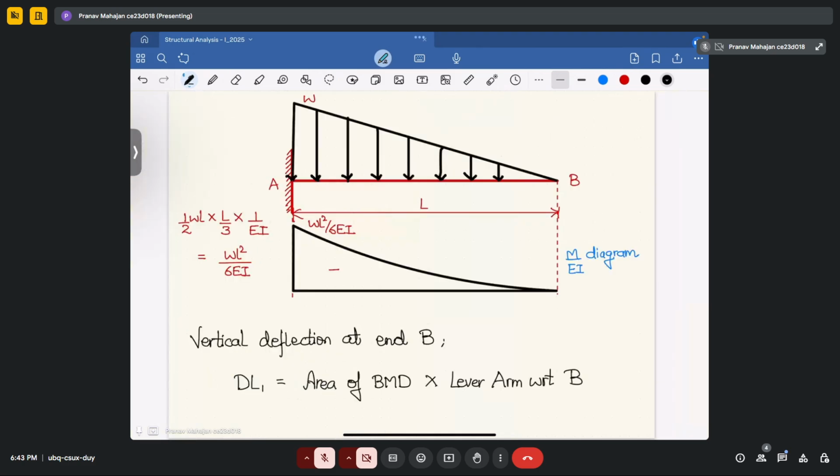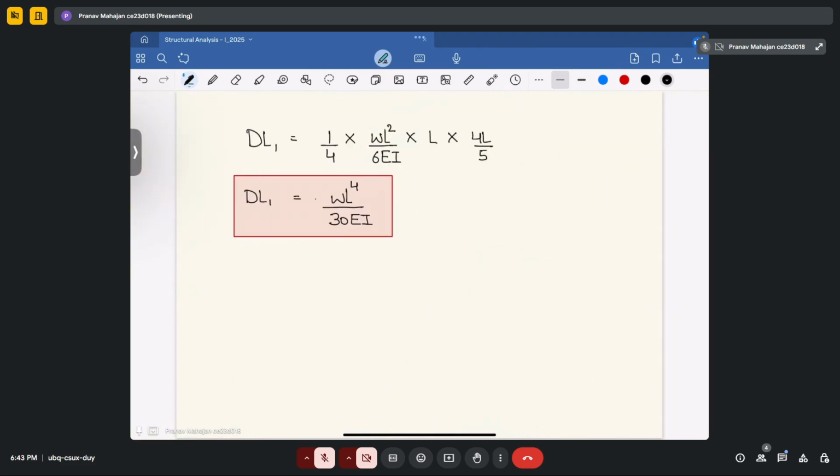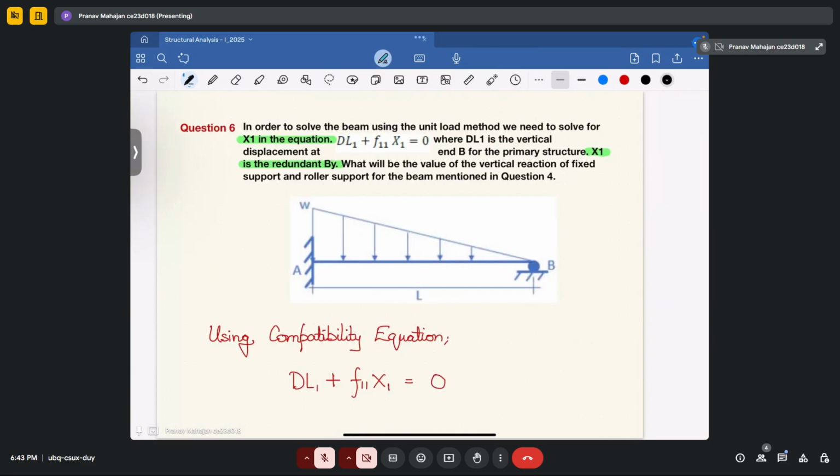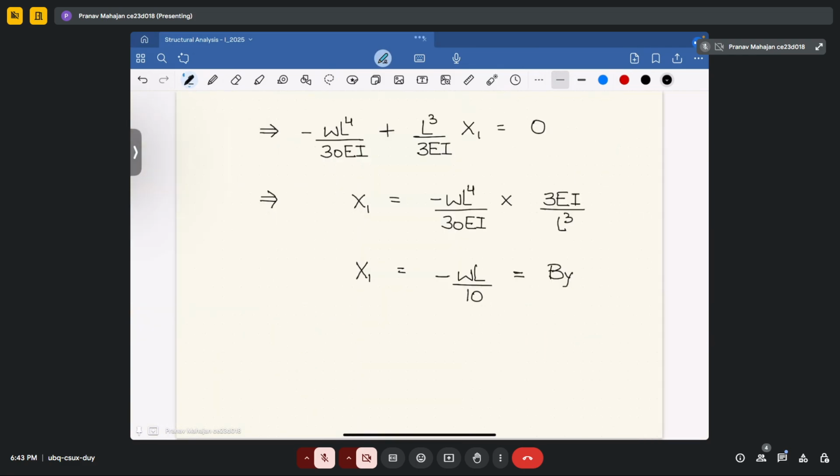This is your negative now. So this DL1 will be negative. And if you put it here, this will be negative, and now it will become positive and positive. Fine. So this is your vertical reaction By.